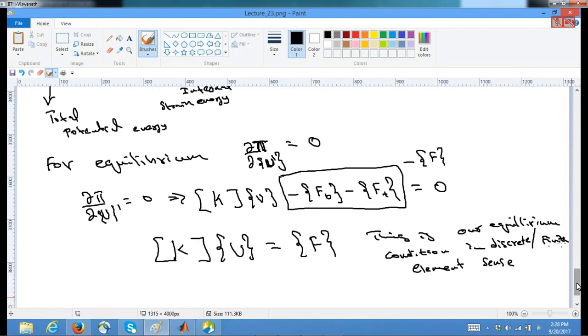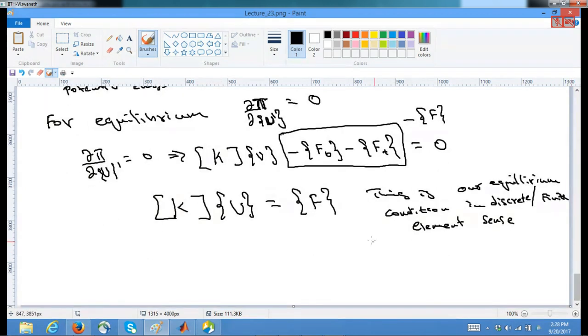So that means this is same as del dot sigma plus b equal to 0, subjected to all the boundary conditions and other stuff. Similarly, it is also equal to the principle of virtual work, or in the finite element sense, this is the same as ku is equal to f.